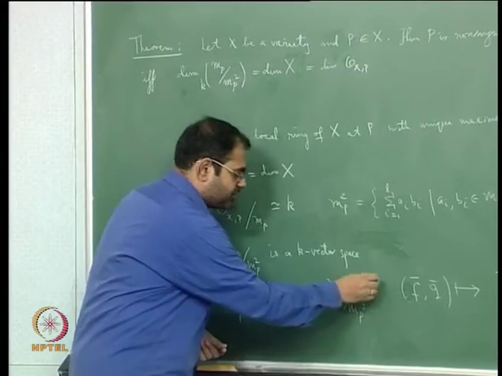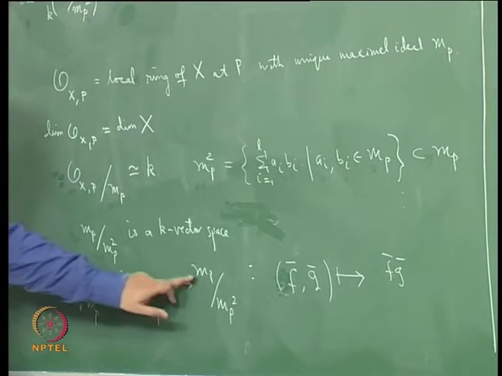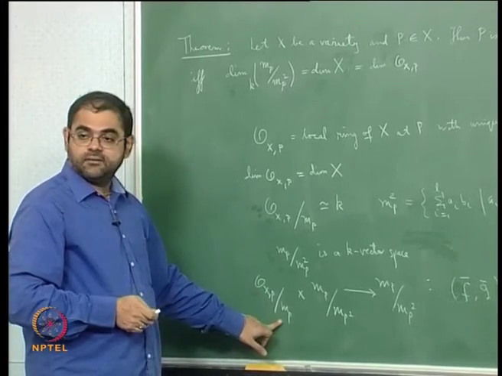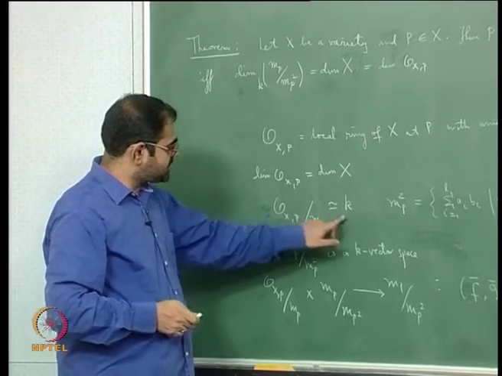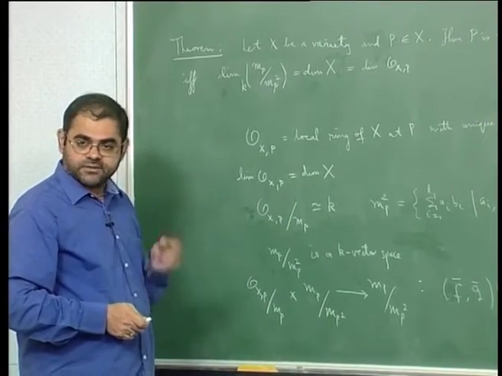I think this should give you an obvious map which will make MP mod MP squared a module over OXP mod MP, but OXP mod MP is just k. Therefore MP mod MP squared is a module over k, so it is a vector space.